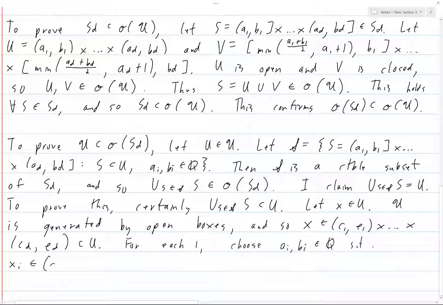You could go through and prove that this is doable, but the fact that (c_i, e_i) is an open interval means that there's some space between c_i and x_i, and between x_i and e_i, and in that space you can find a rational number and use that to get your a_i's and b_i's. Also, x_i is the ith coordinate of the point X in U, because U is a subset of R^d, so each point X can be written using coordinates x_1 through x_d.